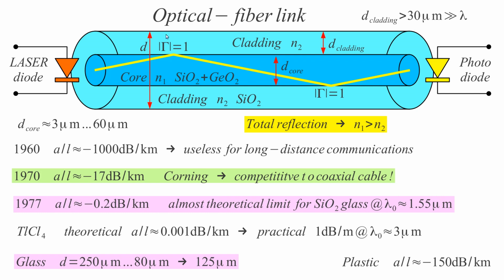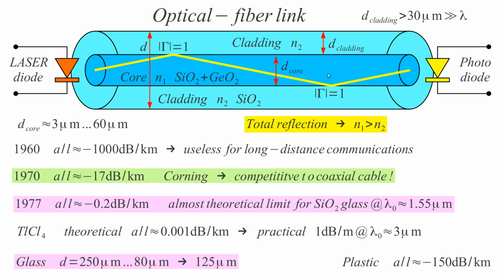The external diameter of this device spans from 250 micrometers to 80 micrometers, but the standardized value nowadays is 125 micrometers, plus minus half a micrometer or even less, otherwise we cannot splice these fibers together.